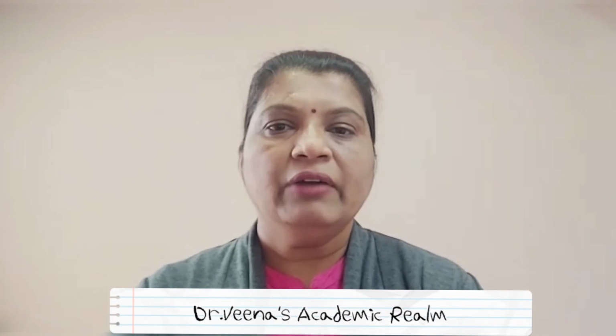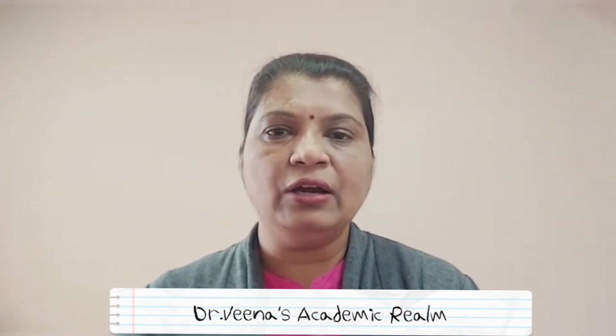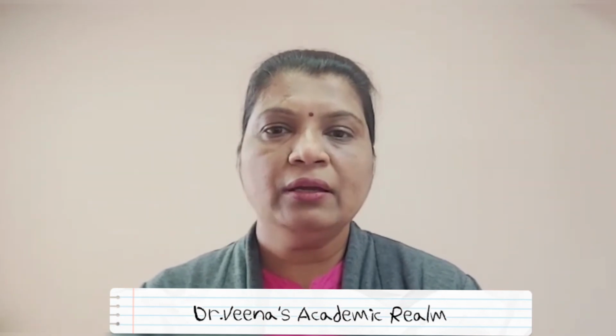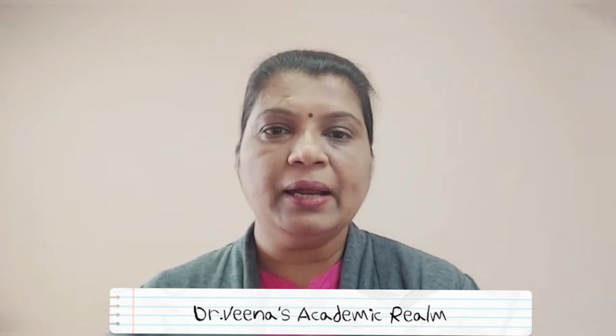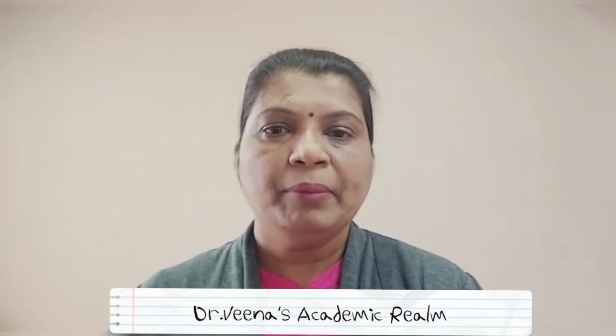Then second is diet: what type of diet the patient is advised, what should be included and what should be avoided. Third is modification of lifestyle, like avoiding alcohol and smoking, exercise, and alternative therapies like pranayam and breathing techniques that the patient has to practice.